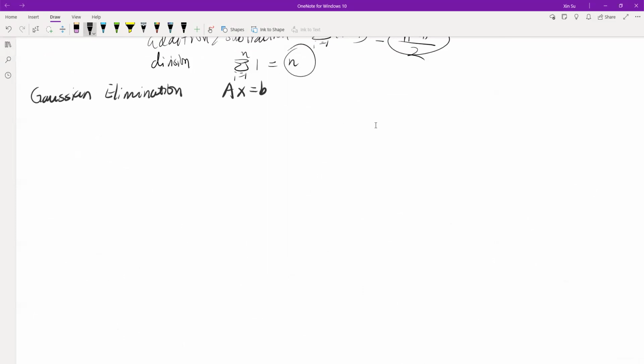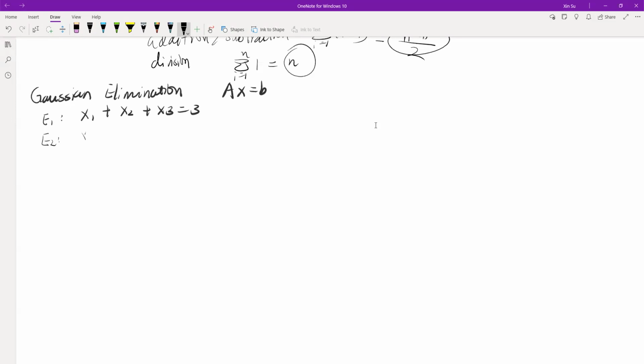Let me give you one inspiration example here. For example, we have E1, that is equation 1: x1 plus x2 plus x3 equals 3.